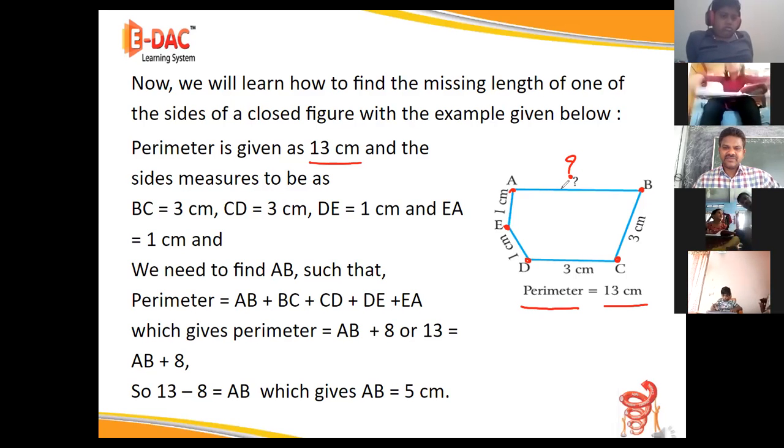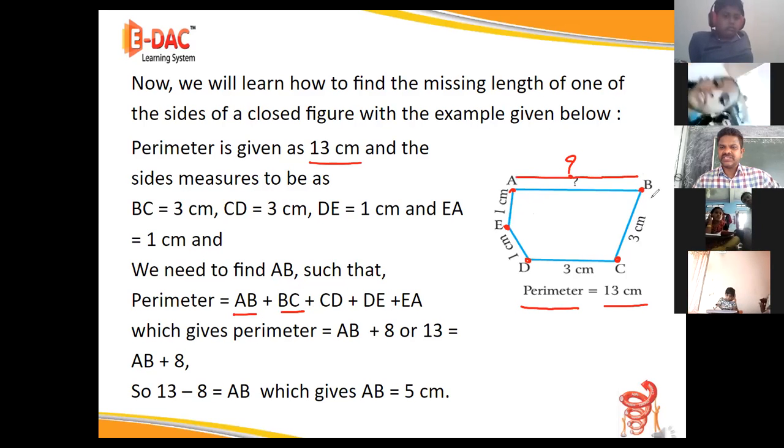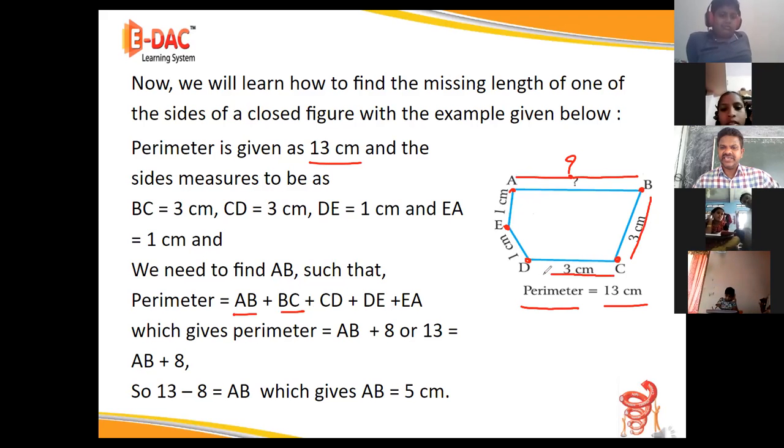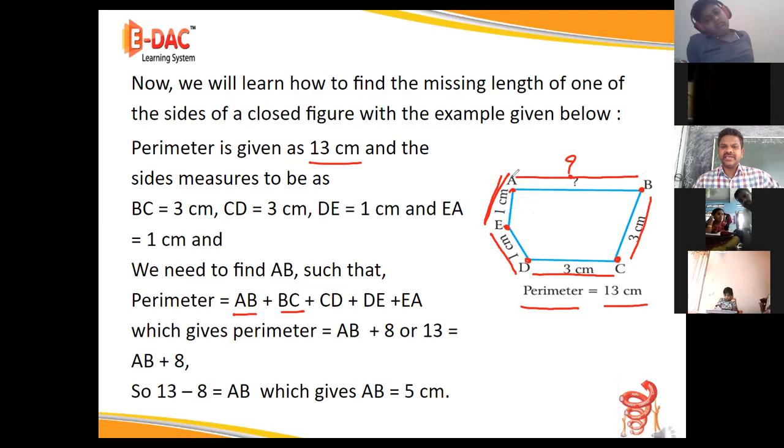To find the length of AB, we add the given line segments. We need to find AB such that the perimeter is AB plus BC plus CD plus DE plus EA.